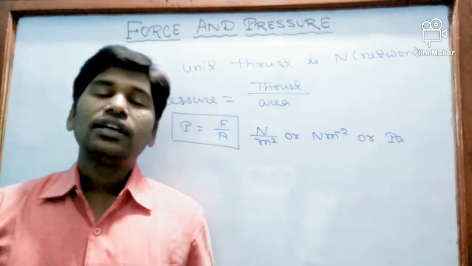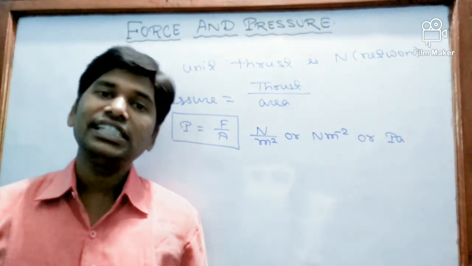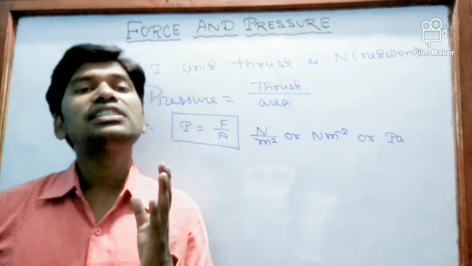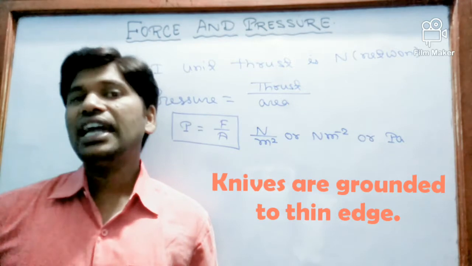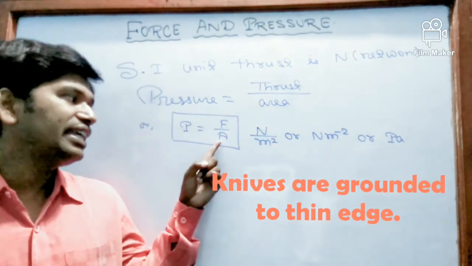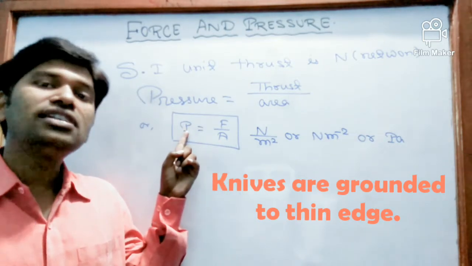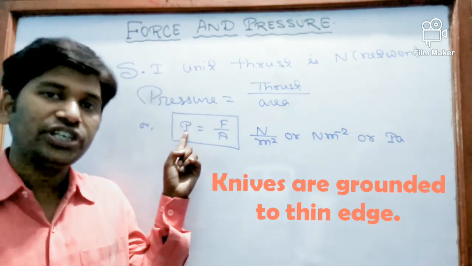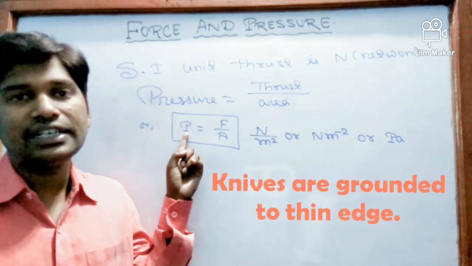First, we can easily cut fruits and vegetables with a sharp knife. The reason behind that is the sharp knife has very little area, so it exerts a large pressure on the fruits and vegetables so that it can cut easily.